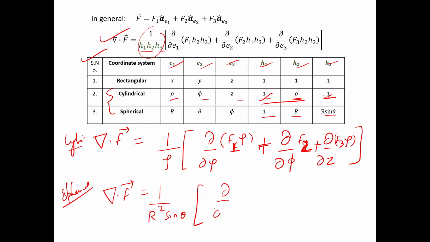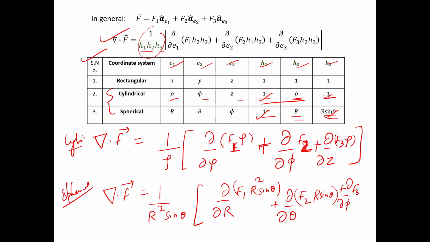It will be d upon d r of f1 times h2 h3, r square sin theta, plus dou upon dou theta of f2 times h1 h3, r sin theta, and then finally dou upon dou phi of f3 multiplied by r.